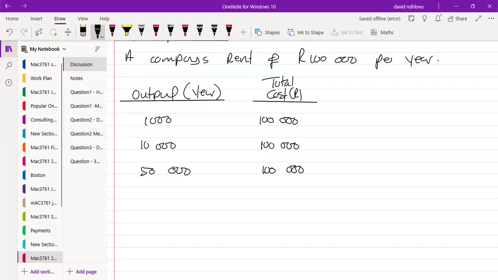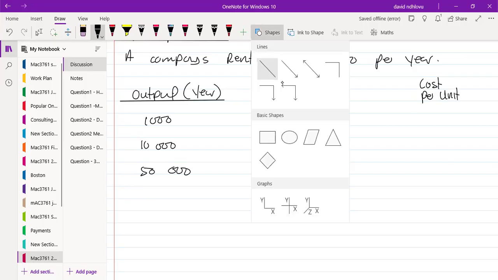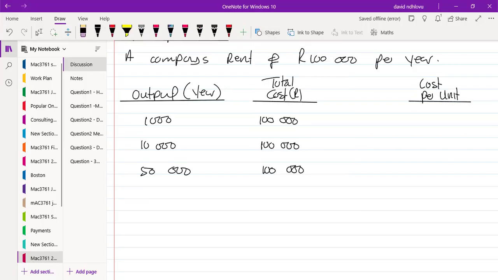However, it is important to note that the cost per unit will not remain constant. The cost per unit will change as output changes. If we have 1,000 units being produced, what is the cost per unit? We divide our 100,000 by 1,000, so the cost per unit will be 100 Rand.